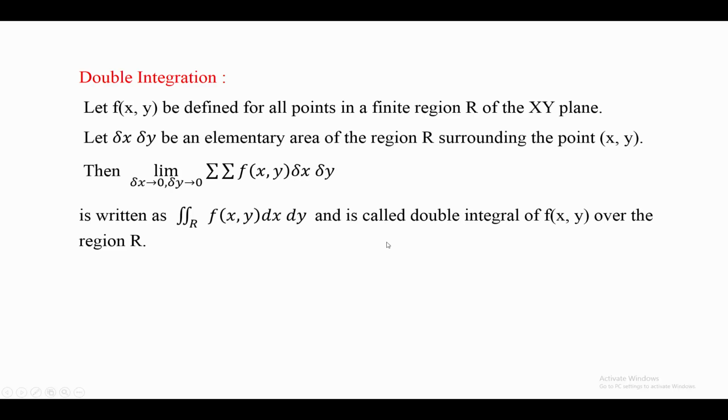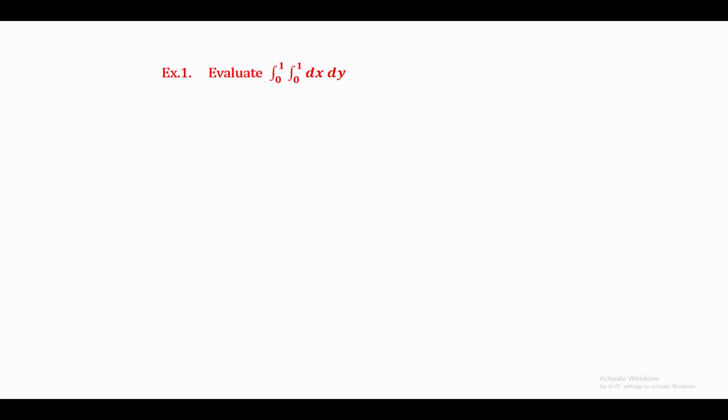Now let us evaluate some double integrations. First example. Evaluate the integration with limit 0 to 1, integration with limit 0 to 1, dx dy. Solution. First evaluate the integration with limit 0 to 1 of dx, which is x, from 0 to 1, dy.